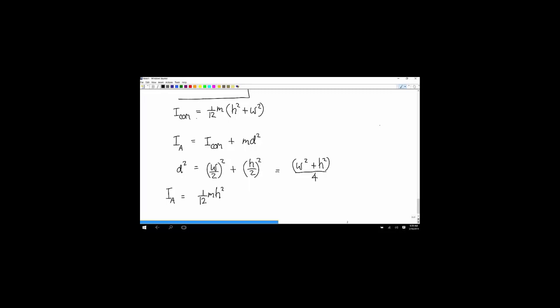I'm just distributing this 1/12 m through the parentheses in the first formula, plus 1/12 m w squared, plus, so mass times this distance squared gives us 1/4 m h squared plus 1/4 m w squared.